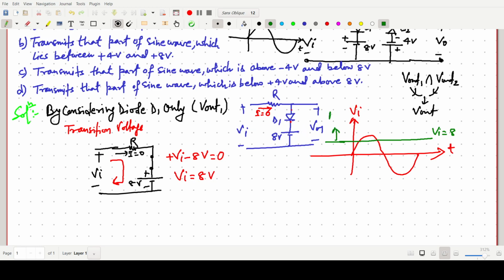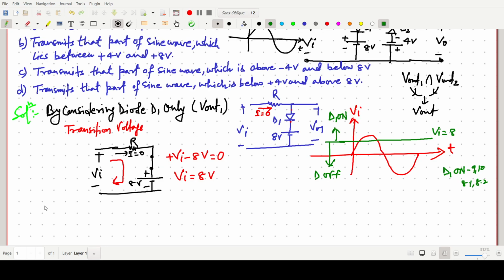So D1 becomes on above 8 volt, for example for 9 volt, 10 volt, or 8.1 volt, 8.2 volt, and below this it becomes off. I have already discussed this type of question in my earlier video. Now, we first solve the problem as a single diode problem.